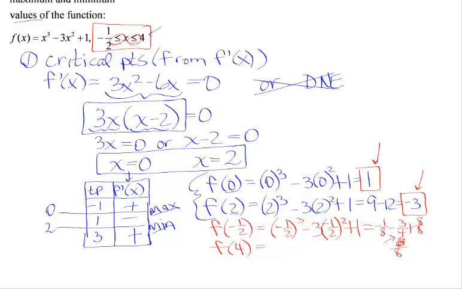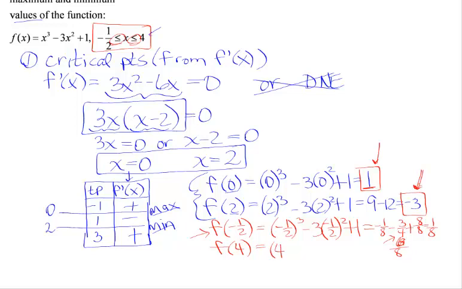So -7/8 plus 8/8 is 1/8, a positive 1/8. So this is smaller than an output of 1. Definitely not a candidate for the max. It is also larger than -3. Not going to be the min. But I had to check.